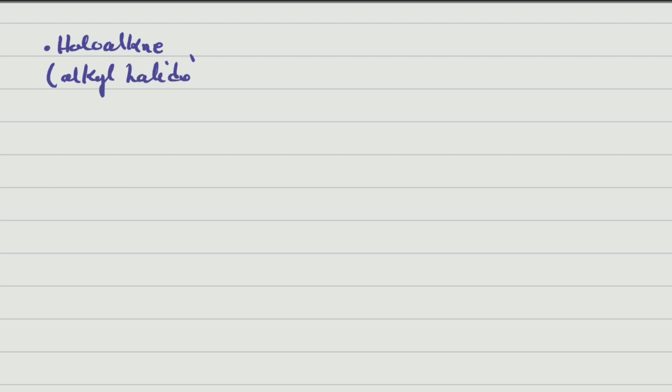Now, for alkyl halides, the functional group, or how you identify the haloalkane, is that it's going to have halogens bonded to the main chain of carbon atoms.